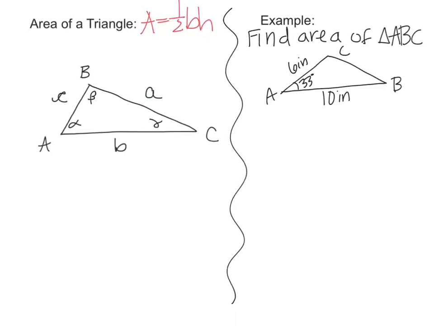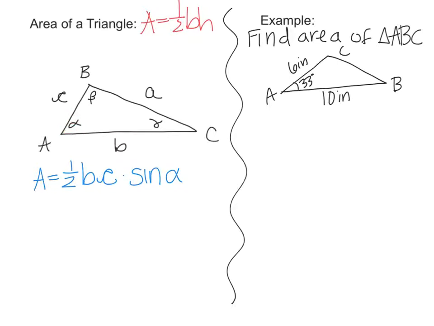I can find out that the area, so I'm going to use A for area, is equal to 1/2, just like before, the other two side lengths, so we'll call it b and c, and then we multiply it by the sine of alpha.